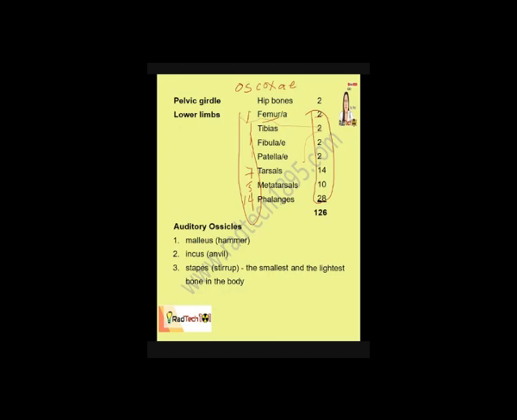So, ang pinagkaiba ng ating lower limb sa upper limb: ang femur niya, we have the humerus, ang counterpart. Then tibia and fibula, we have the radius and ulna. Yung patella natin, ito yung ating elbow, yung counterpart niya. Yung tarsals, we have the carpals.